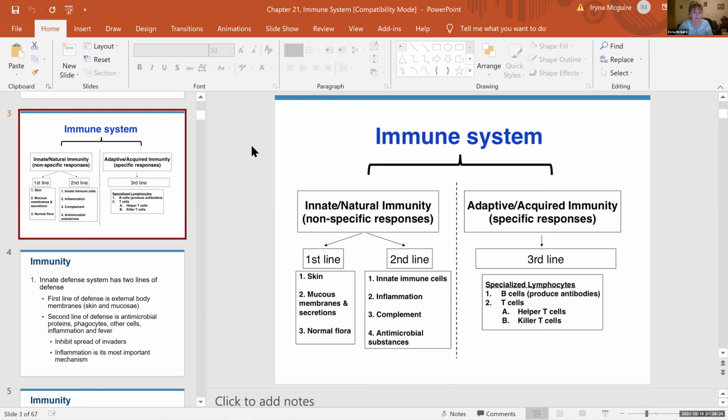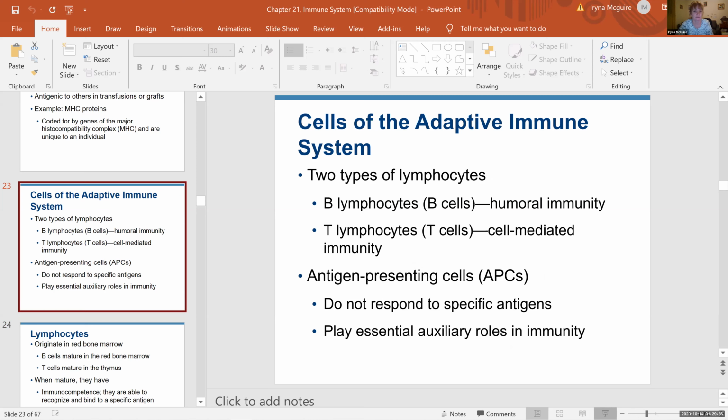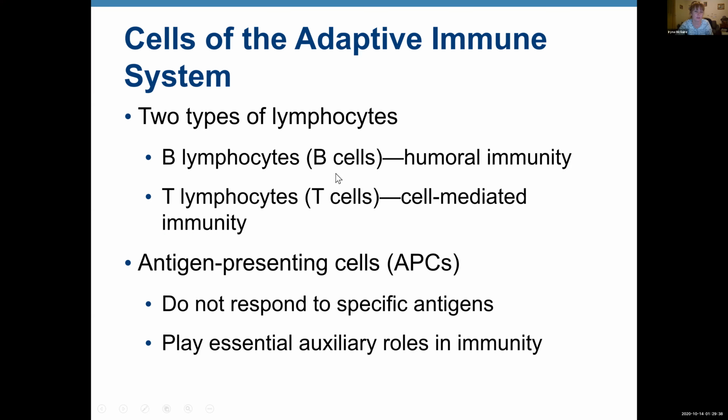So, okay, where are our lymphocytes? Two types of lymphocytes: B lymphocytes, or B cells, for humoral immunity, and T lymphocytes, or T cells, for cell-mediated immunity.